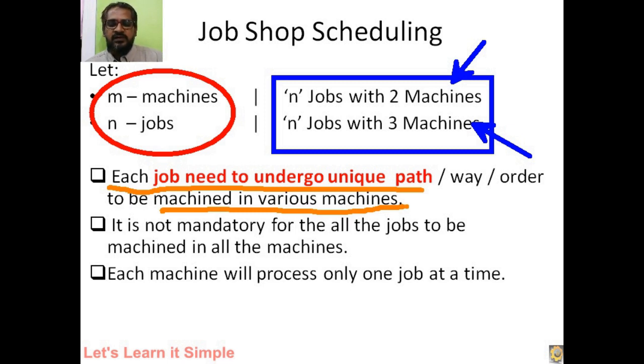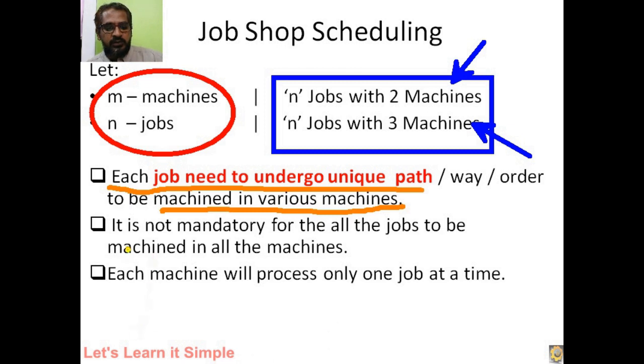For example, the machines may be turning, milling, threading, turbo turning. So these are the 4 machines. The first job may first go to turning, then to milling, then to threading. Each job has its unique path or order through the various machines.